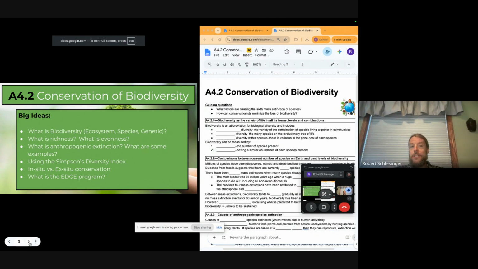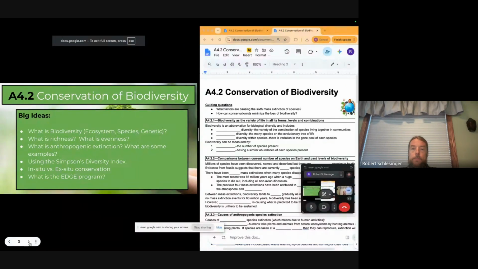And then we'll get into anthropogenic extinction. We'll talk about the difference between in situ and ex situ conservation. And then we'll talk a little bit about the EDGE program, which is one of the many strategies that we're using to help preserve animals who are on the brink of or on the edge of extinction.